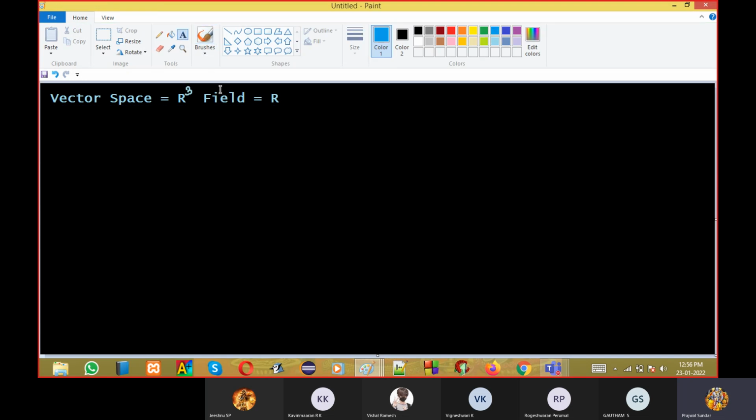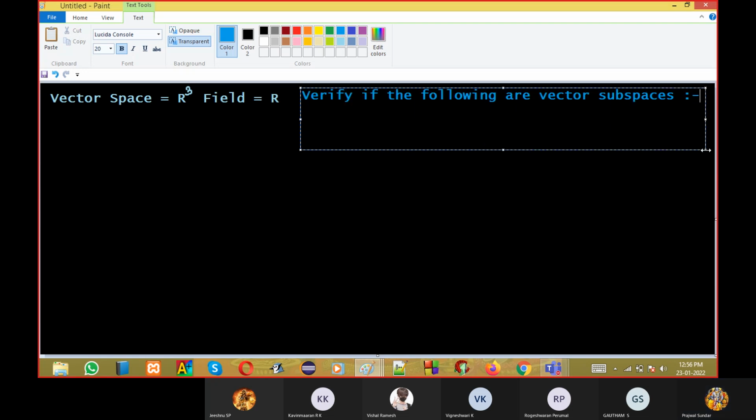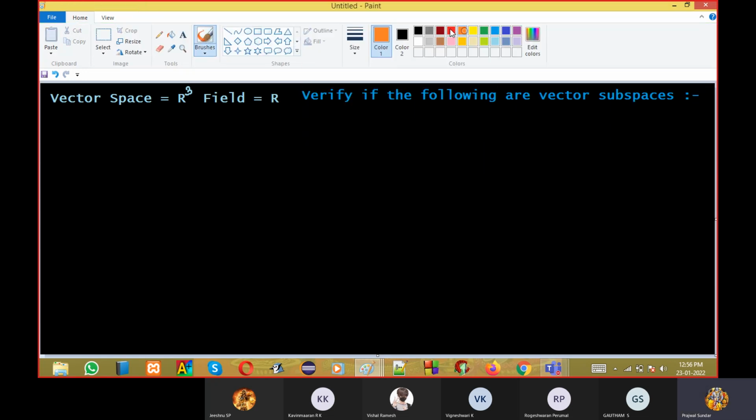Now you need to verify whether the following are vector subspaces. Clear? So do these questions one by one.